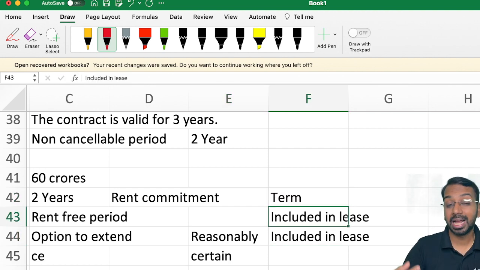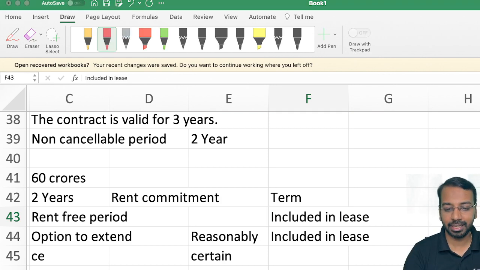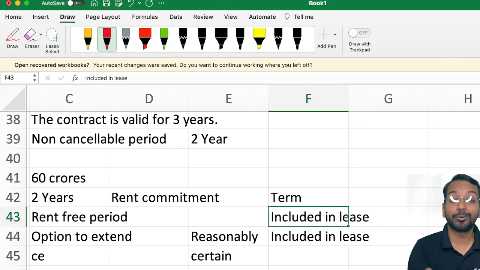Reasonably certain means what? The lessee after 2 years will say, I will exercise a 1 year extension. Then the lessor cannot say no. And after it has been extended, the lessee will include that in the lease term.